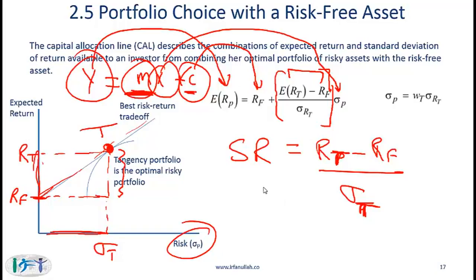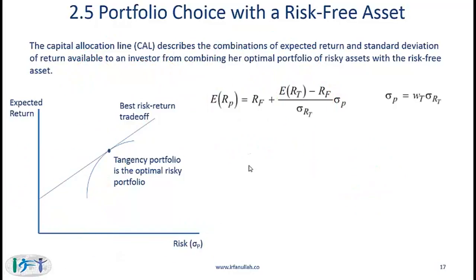What about the expected returns and the risk at any given point on this line, on the CAL? Okay, so let's work through a simple scenario. The expected return at any given point is simply the weighted average of the return of the tangency portfolio and the risk-free asset.